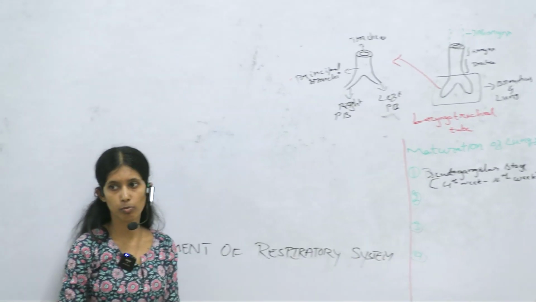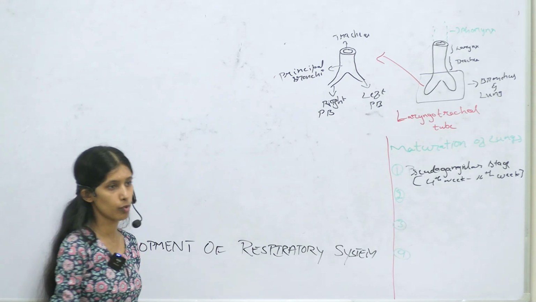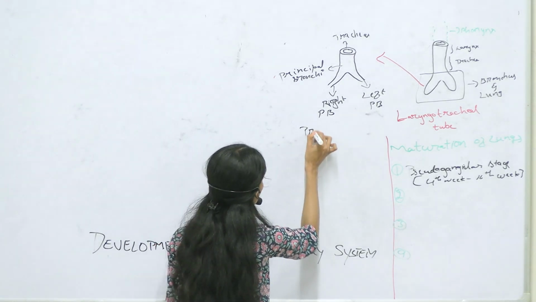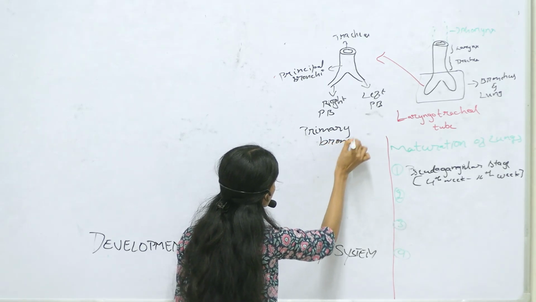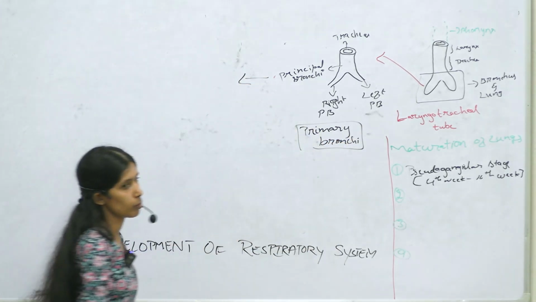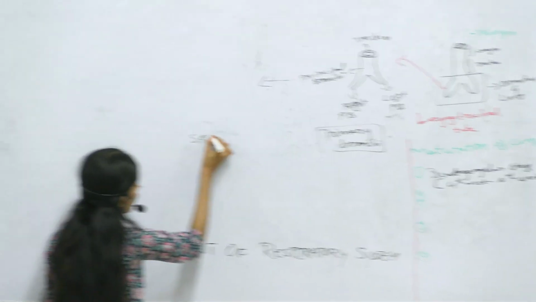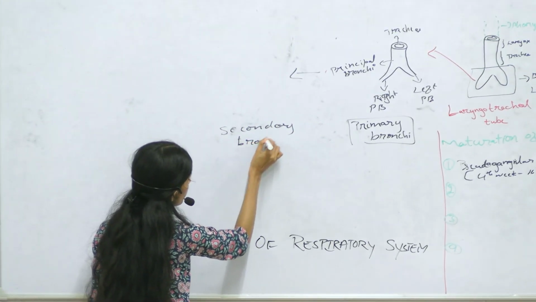This is the formation of your primary bronchioles. Once the primary bronchiole takes place, formation of secondary bronchioles can be seen.